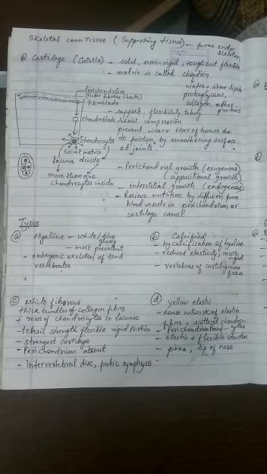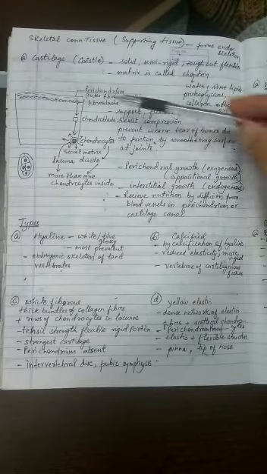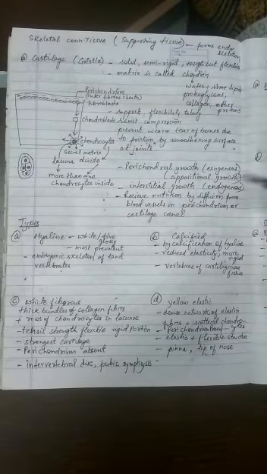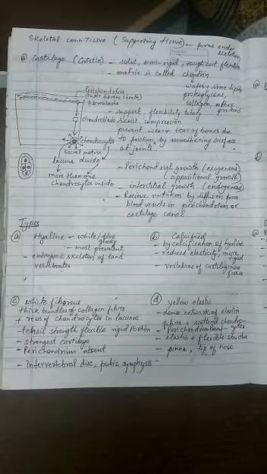If you remember in the cell wall topic, I told you sometimes layers are formed, and sometimes more addition is done to the same layer. The same type of concept is going on here. When there is addition of more cartilage cells to the same existing ones from the outside towards the inside, I'll be explaining this diagram, then it is called appositional growth. So addition to the same material is going on.